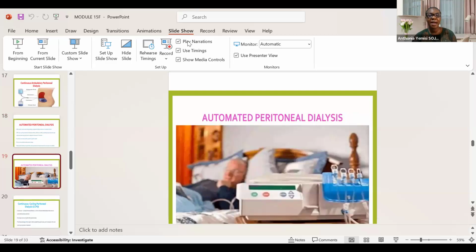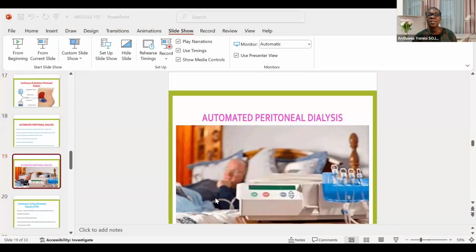Then some patients can have automated peritoneal dialysis, such that there's a machine that does all of those necessary things. They may even be sleeping, and the machine runs the fluid into their peritoneal cavity.